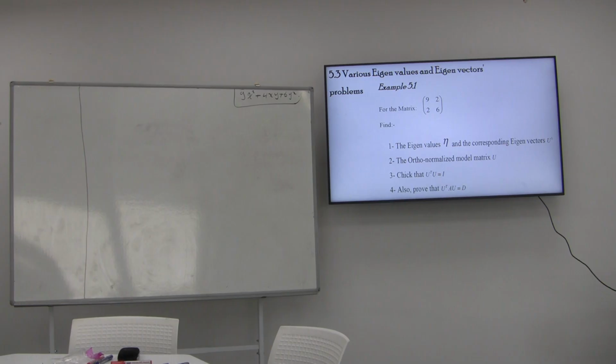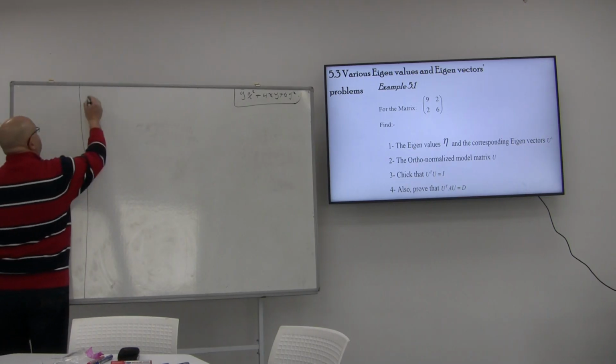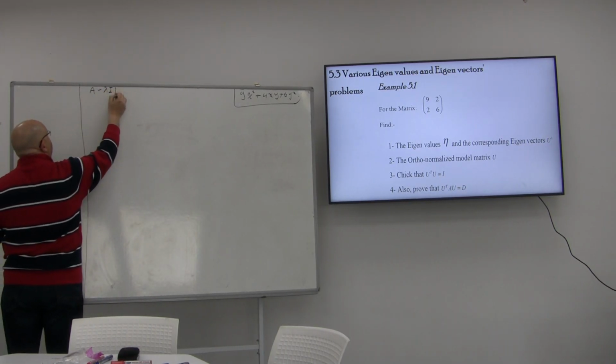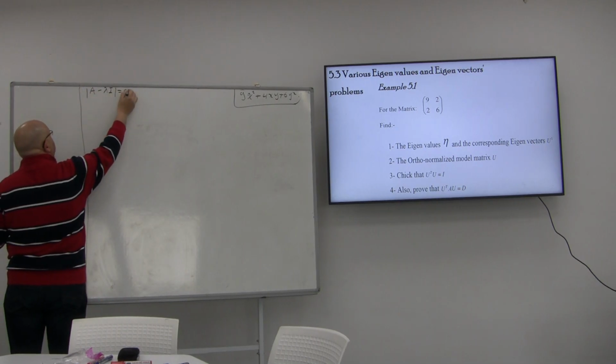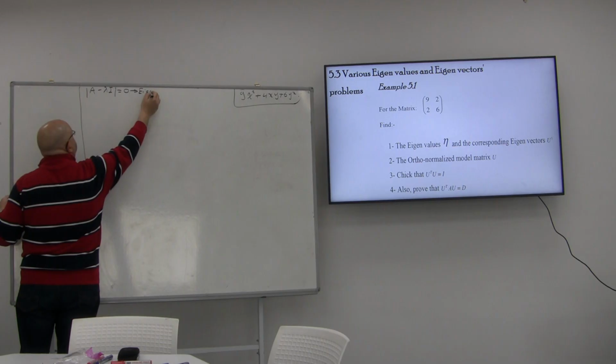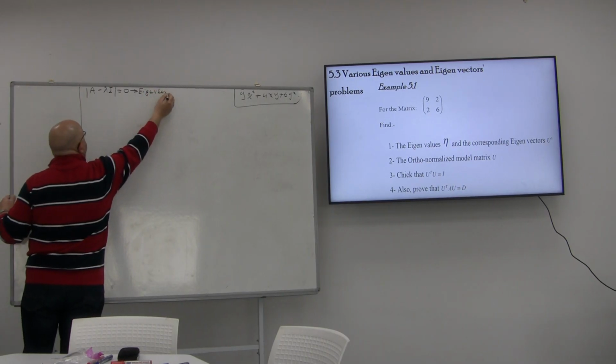Okay, perfect. I want to start simply with taking the determinant of A minus lambda I, and I will put it equal to 0 in order to get the corresponding eigenvalues.